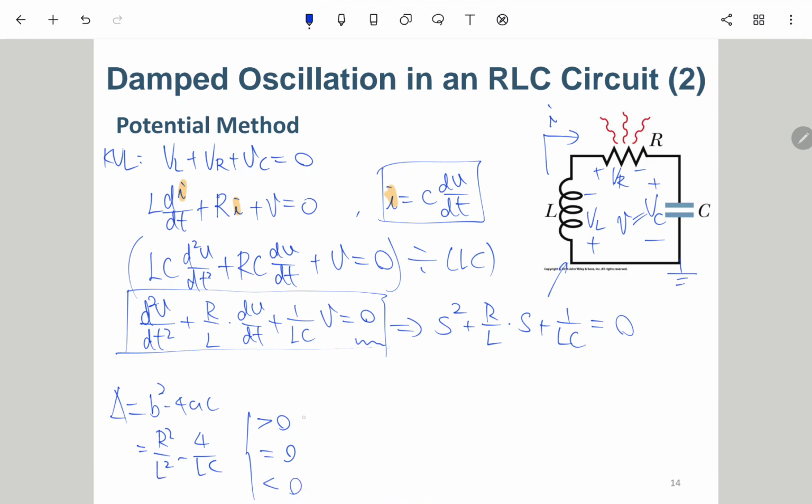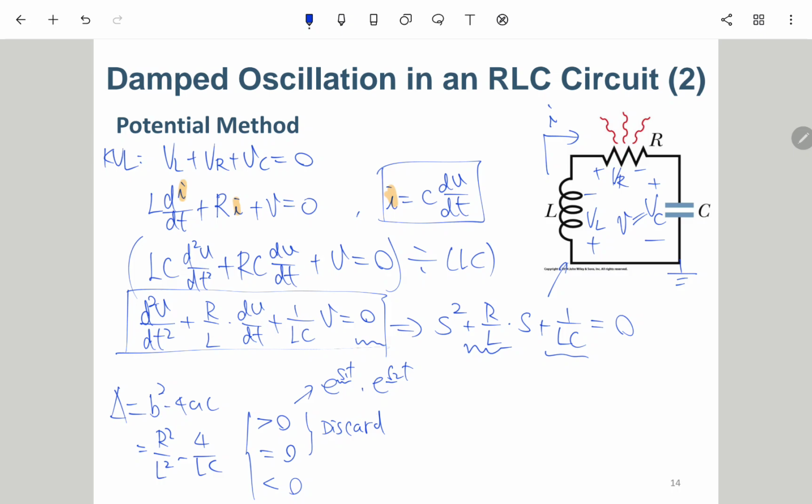But we will just discard these two cases, larger than 0 or equal to 0. Because it will give you something like exponential to s1 t and exponential to s2 t, with a positive coefficient, which means that s1 and s2 will be negative.